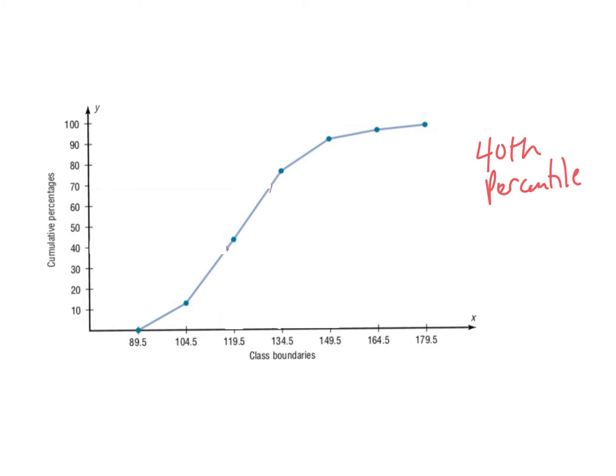Ready? Okay, so let's find the 40th percentile. Let's figure out what value is the 40th percentile. So in this case, we're going to start over here at 40, and we're just going to draw a horizontal line until we hit the graph. It's going to look something like that. I erased all of those lines. And then I'm going to draw a vertical line from that point and try to figure out where it hits the x-axis.